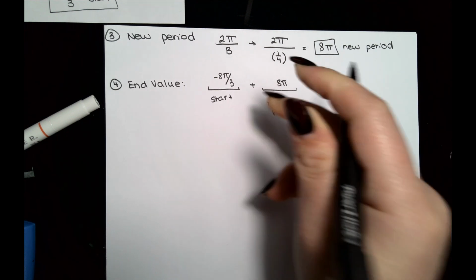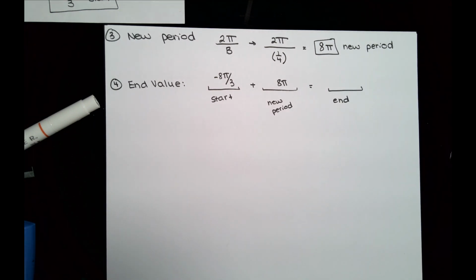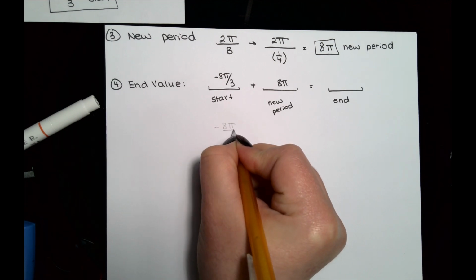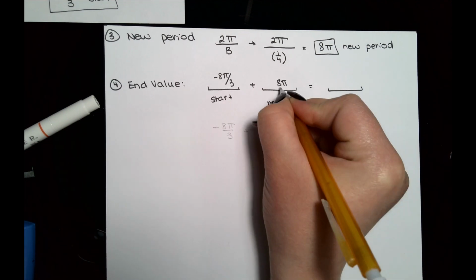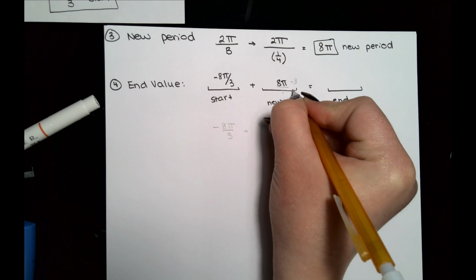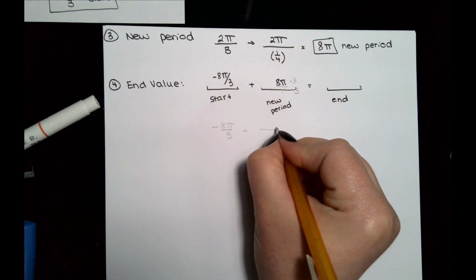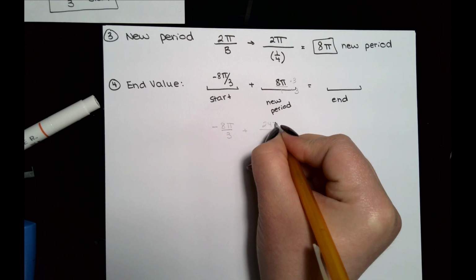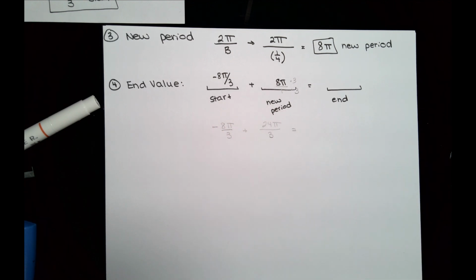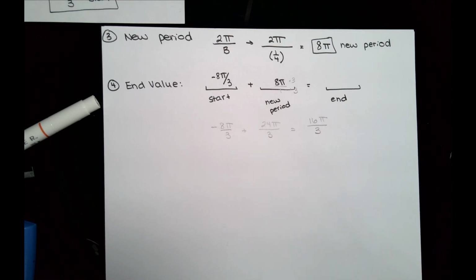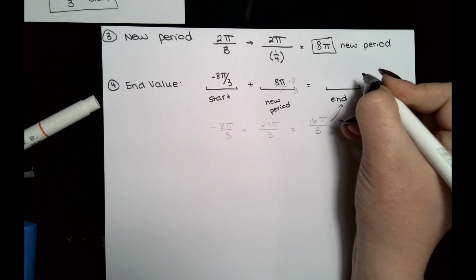Now notice here we do need to create some common denominators in order for us to be able to calculate this. 8π/3 plus, and I'm going to multiply this top and bottom by 3 to create a denominator of 3. So we get 24π/3. So we get 24 minus 8, or -8 plus 24, which is 16π/3 as our end.